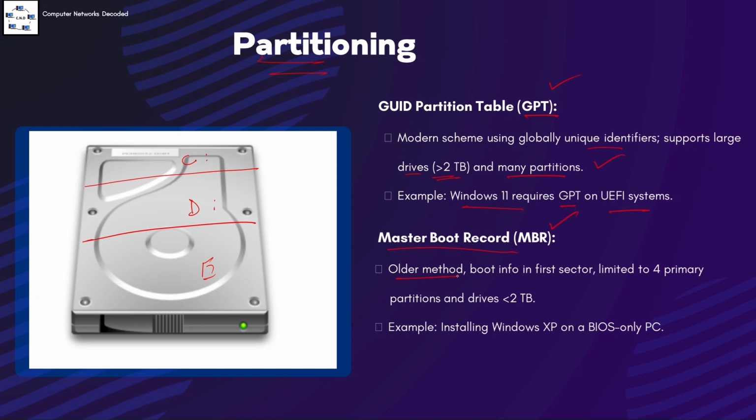Next partition method is the master boot record or MBR. This is an older method, and in this method the boot info is in the first sector, and it has the limitation that you can partition the hard drive into only 4 partitions, and the drive size limitation is that they are less than 2 terabytes. An example of MBR is installing Windows XP on a BIOS only PC.